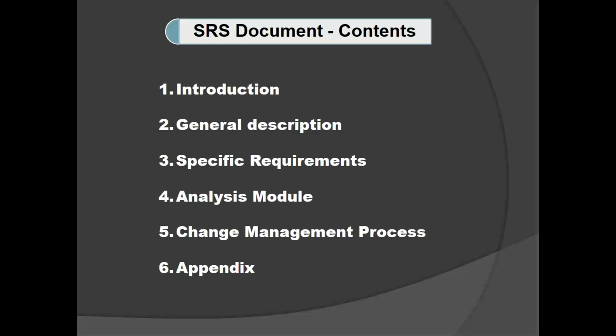Let me explain what each and every section contains. The first one is introduction. In this section, first we have to explain who our client is, what kind of business he is doing, and what legacy system he is using. That means presently what kind of process he is using, whether he is facing any problems in the existing system, or whether he got new requirements for his project.